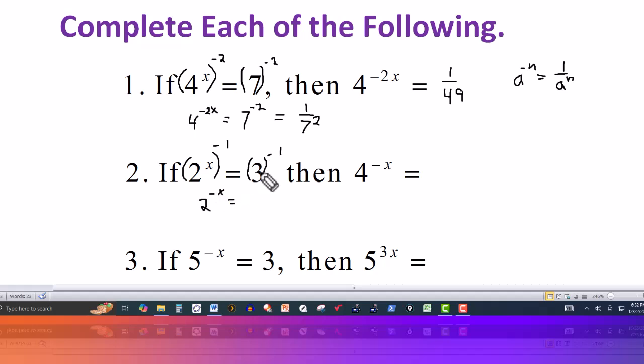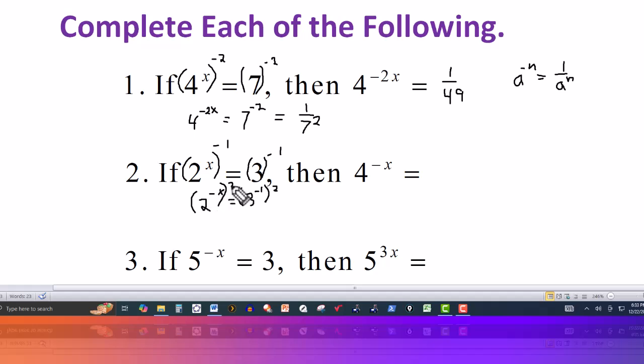Again, the 3 has an understood exponent of 1, so negative 1 times 1 will give me 3 to the negative 1. So we got the negative x power, but we need a base of 4. So let's take this side to the second power, this one to the second power. Now I could multiply the exponents here and say this would be 2 to the negative 2x.